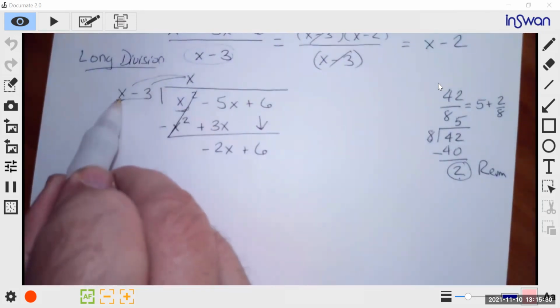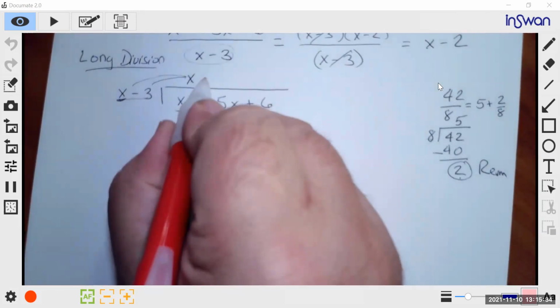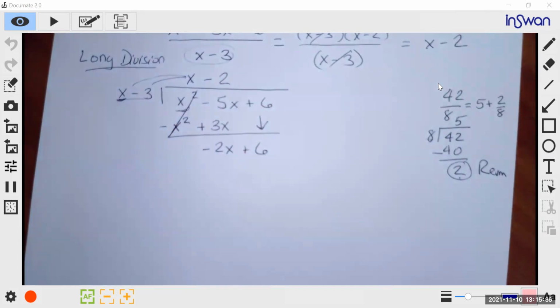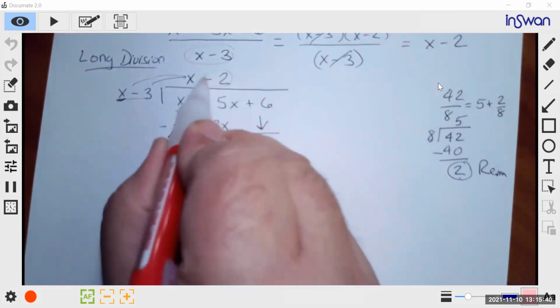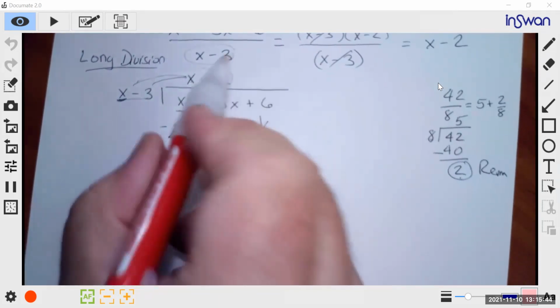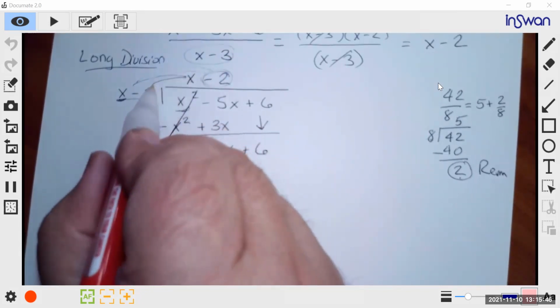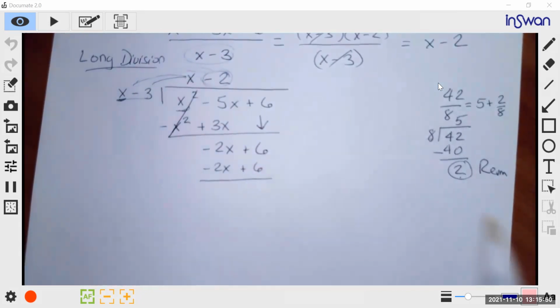Repeat the process. What times x gives me negative 2x? Negative 2. So I take the negative 2 and multiply it to x. I get negative 2x. Negative 2 times negative 3 is positive 6.